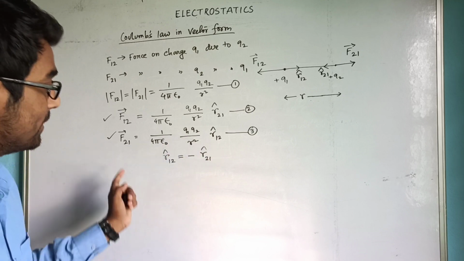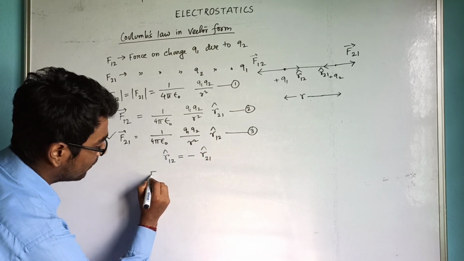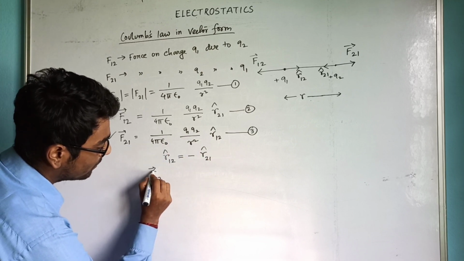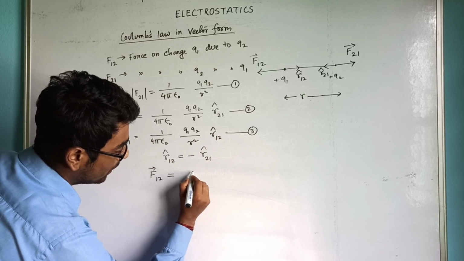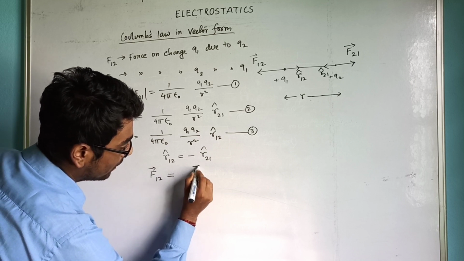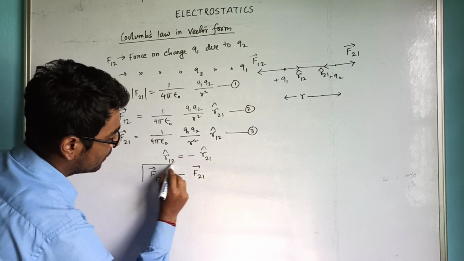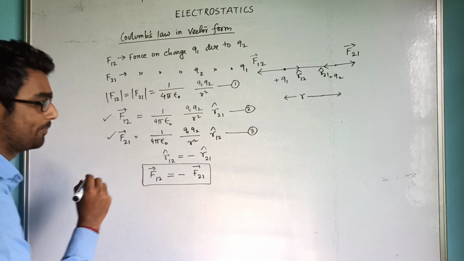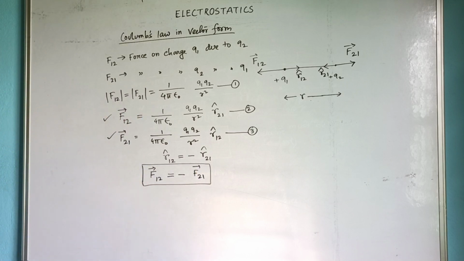So ultimately, F12 vector equals minus F21 vector. This is the ultimate conclusion of Coulomb's law in vector form.